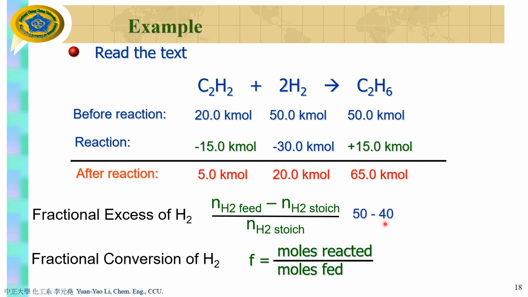So the answer will be 50 minus what? 40. You might say, well, Professor, why is it not 30? Because it is stoichiometry, because you have 20 here, it means that you have to consume 40. So that will be minus 40. So please remember this next week when you do your Kahoot. And then the stoichiometry will be 40. So this is the fractional excess of H2, and the answer will be 0.25, right?